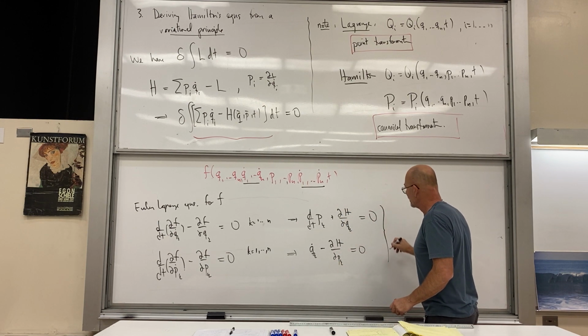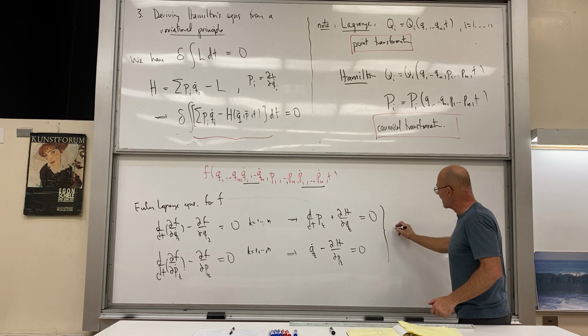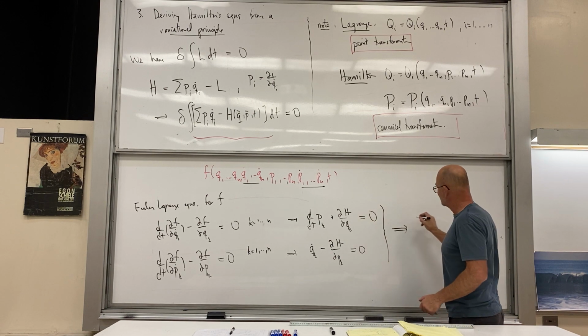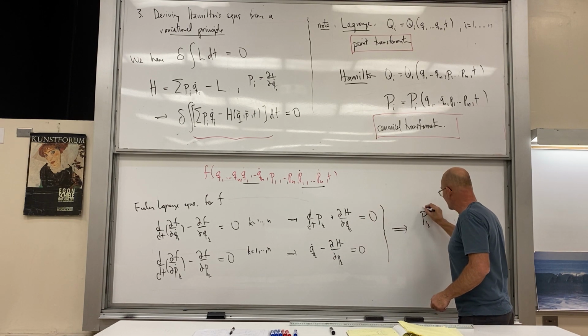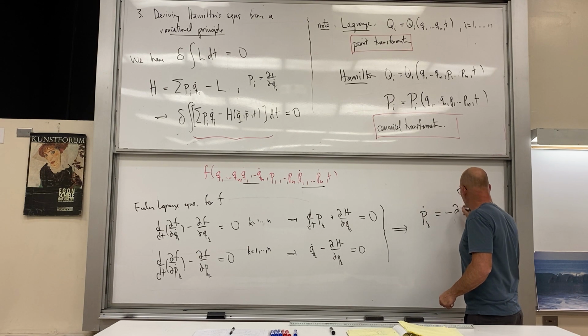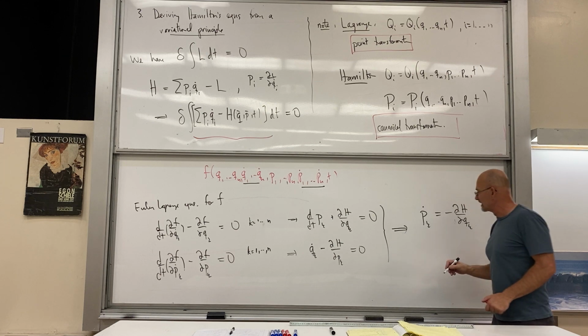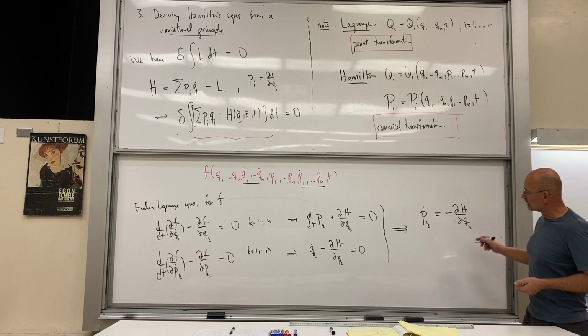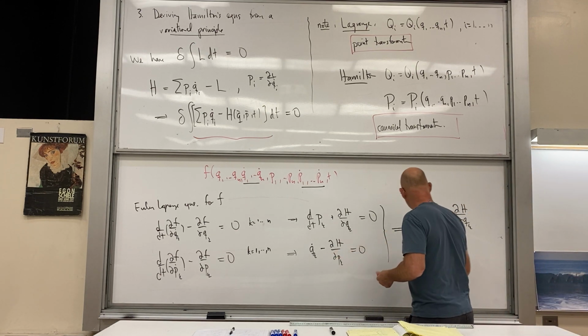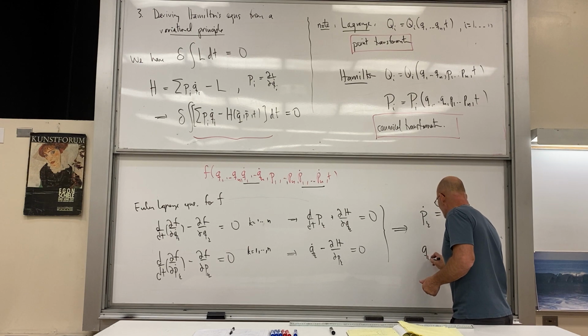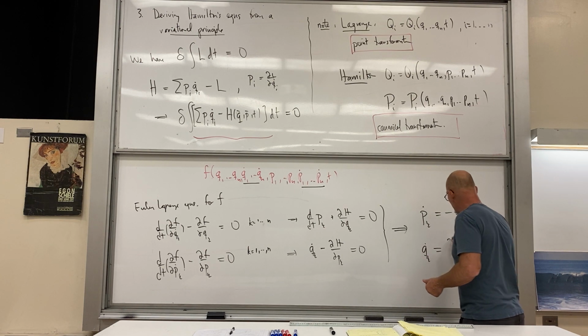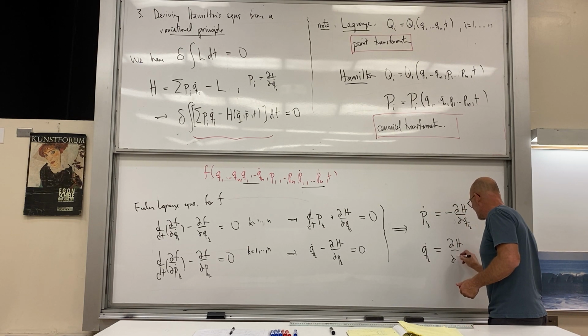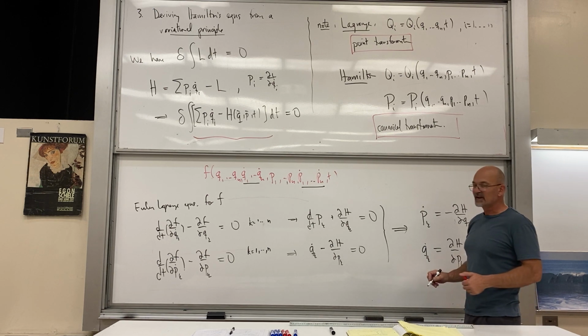And we now see from the first equation, we have P_K dot equals minus dH/dQ_K, which we recognize as a canonical equation. And same thing right here. Q_K dot is equal to dH/dP_K. So those are the canonical equations.